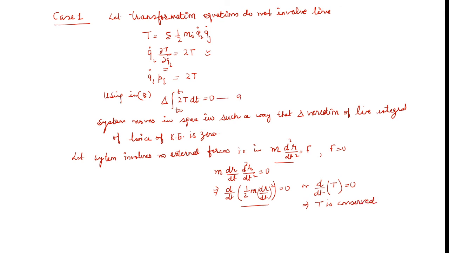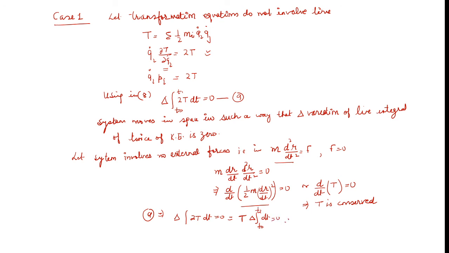And in this case, 9 implies that the principle of least action takes the form delta of the integral of twice T dt is equal to 0, which converts to, you can take T outside, T delta of the integral of dt from t0 to t1 is 0.